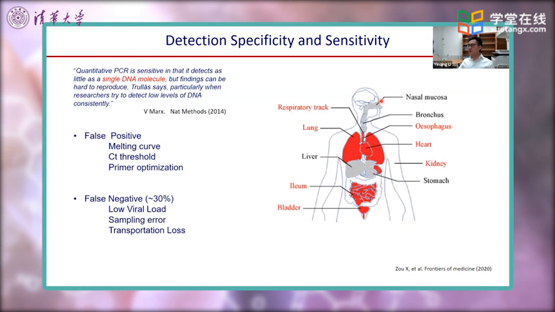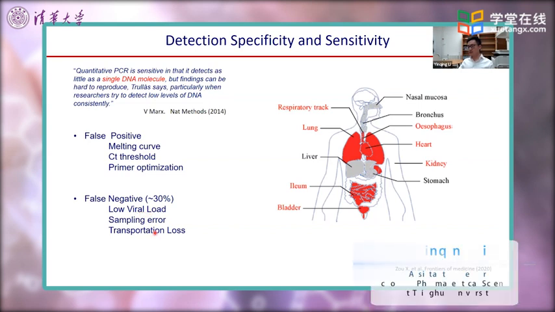But we know that we primarily sample the upper tract, and we get much lower load because of this. And during sampling, sometimes we can even miss the target or get very little viral sample if the sampler is not very proficient at doing the sampling. And so we can get sampling error.